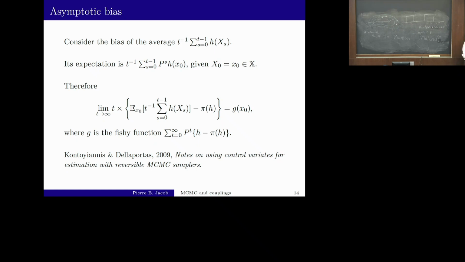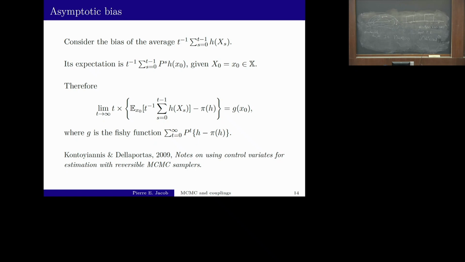If you look at the ergodic average, and you want to look at the bias, you want to look at its expectation compared to the expectation of interest. Its expectation you can write exactly in terms of P to the s. We took the expectation of the s term conditionally on where the chain starts, so let's call it little x0. So the conditional expectation of the ergodic average given the starting point is this.